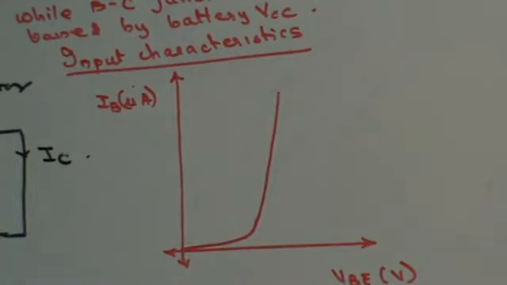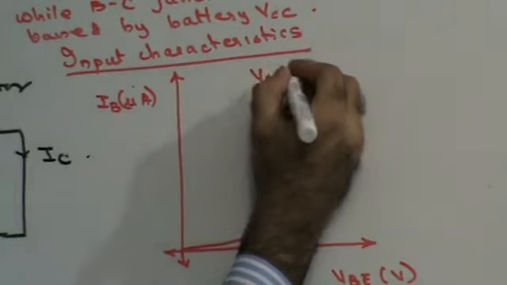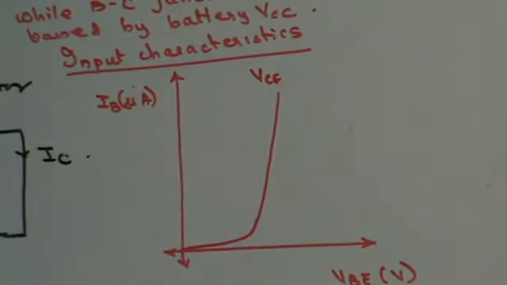So this is going to be my characteristics for this. Here, you would get some voltage between collector and emitter. Fine, do we get this in here?